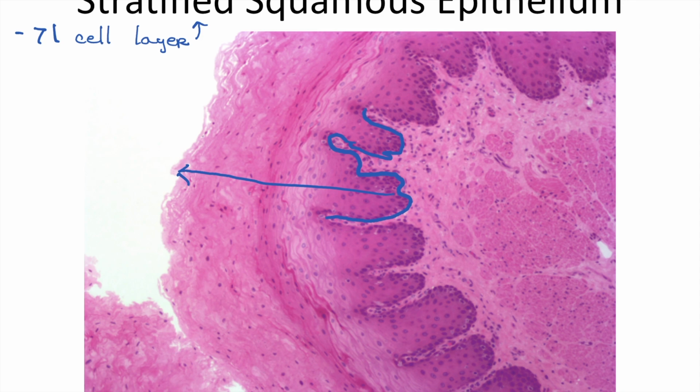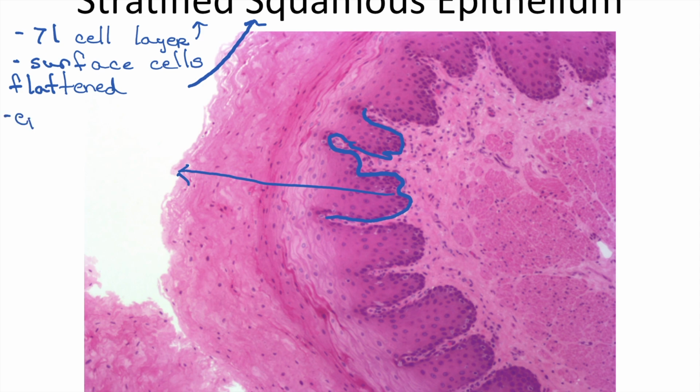And if you look at the surface of these cells, they're flattened, which gives us the squamous portion of our name. This type of tissue is found in the epidermis of the skin.